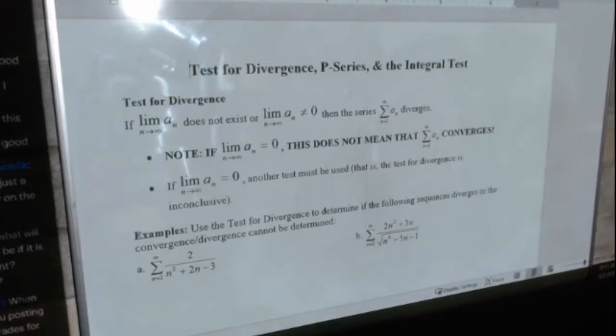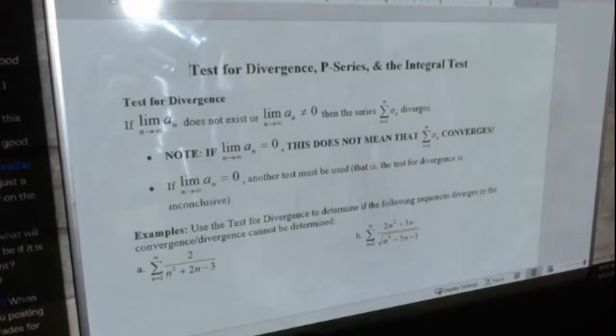And that is very simple. It's somewhat powerful, but at the same time, it's only one-sided. So when it's called test for divergence, it literally means you can only tell if something diverges. So notice it says here, if the limit as n approaches infinity of a sub n does not exist, or the limit as n approaches infinity is non-zero, then the series diverges.